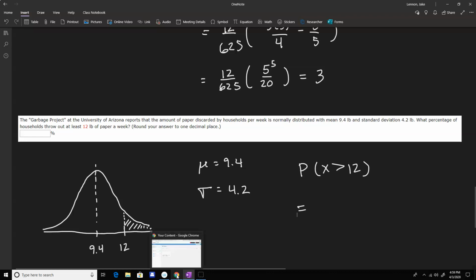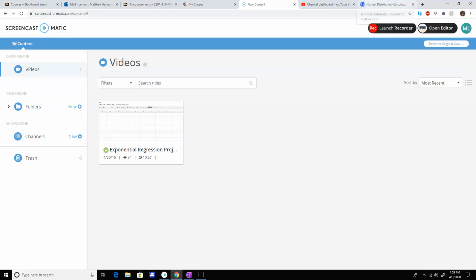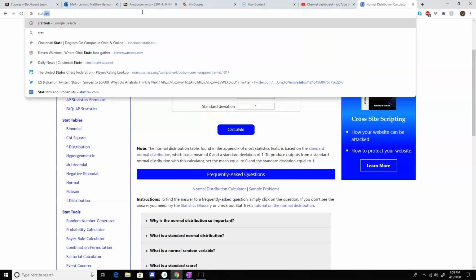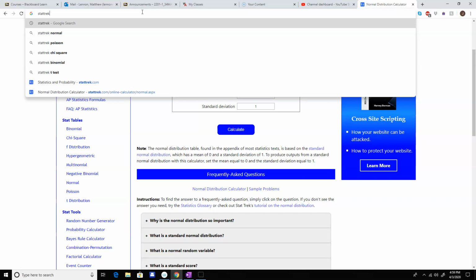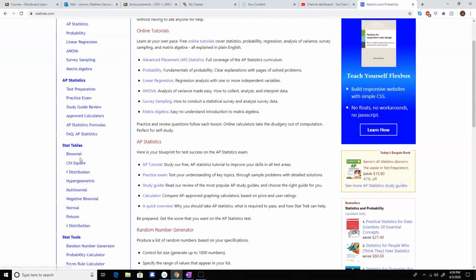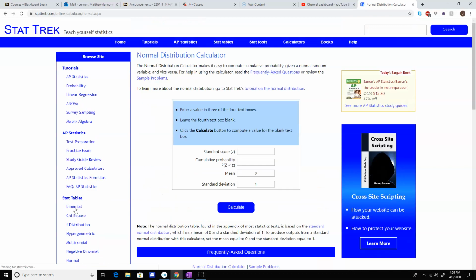So I'm just going to show you a website we can use to do that. The website I like to use is StatTrek. If you go to StatTrek.com, this is normally how I go to it, and then I go down to the stat tables and choose the normal table, and this is a probability calculator.